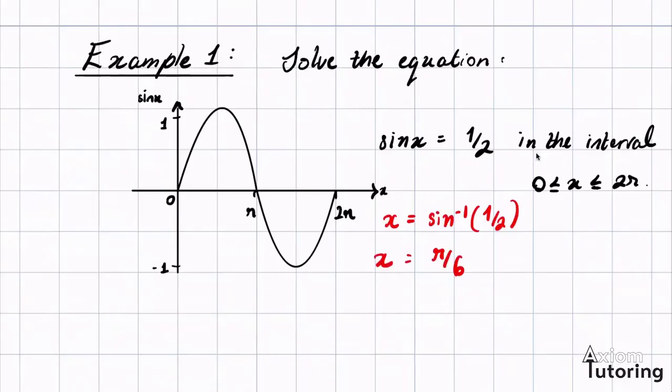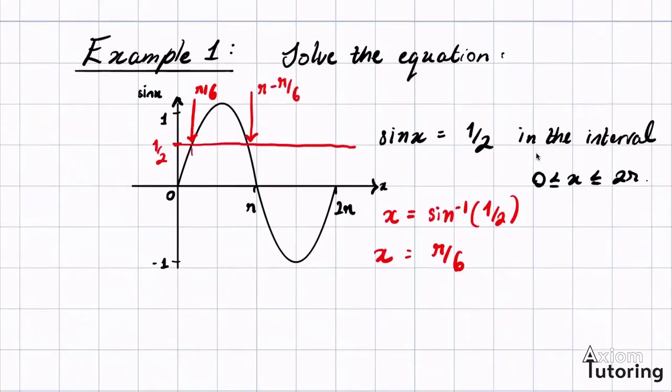If we have a look at our graph, we want all the solutions for sine x equal to a half within our interval. So the first one here is pi over 6, but we can see we have a second solution here, which from the symmetry of our sine graph is pi minus pi over 6.